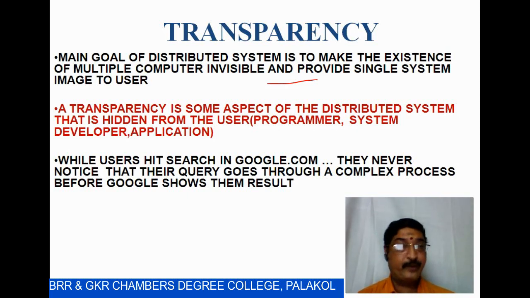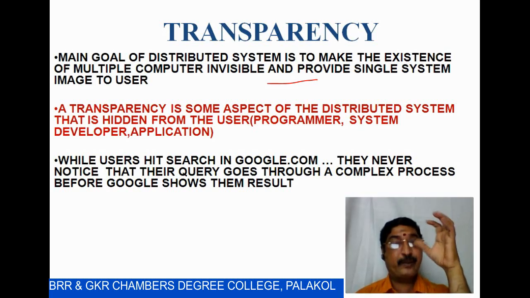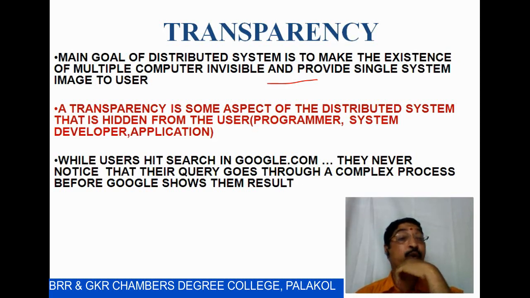For example, suppose the user tries to search for a particular topic in google.com, the user must not know from where the data, from where the results are extracted. That's why when the user hits search in google.com, they never notice.